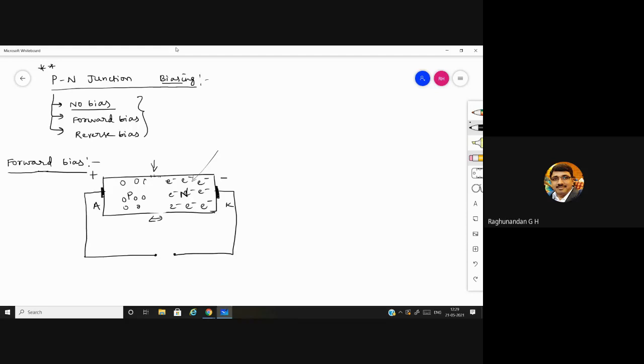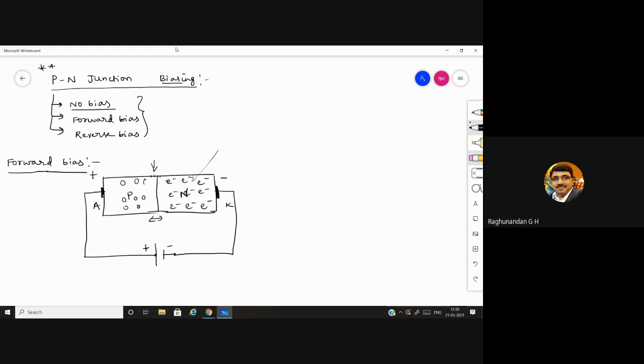Positive is connected to the positive terminal of the battery, and negative is connected to the negative terminal of the battery. Positive to positive, negative to negative. This connection creates forward bias.